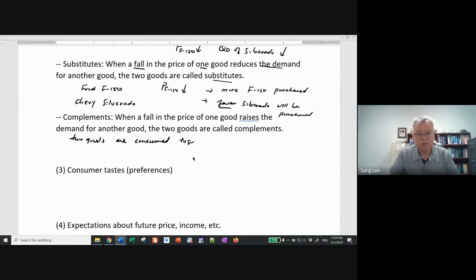For example, gasoline and SUVs. Or the PC tablet or cell phones and the so-called e-books.